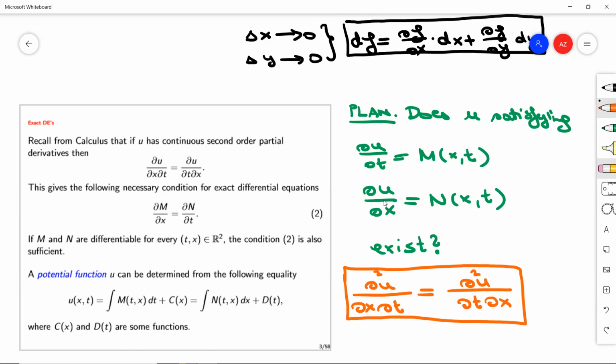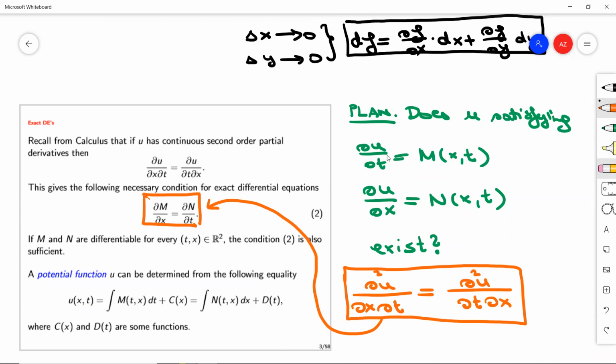So in our case, this implies that the derivative of m with respect to x should be the same as the derivative of n with respect to t.